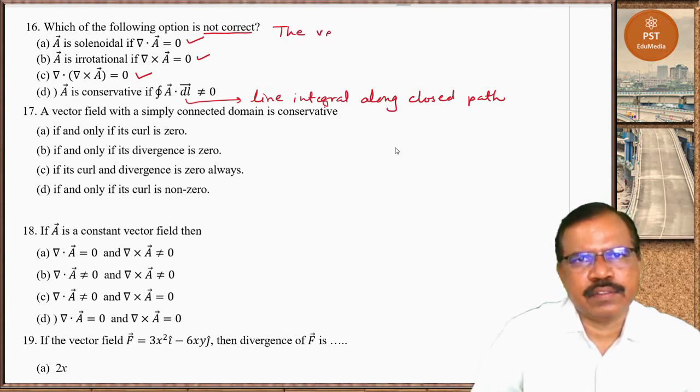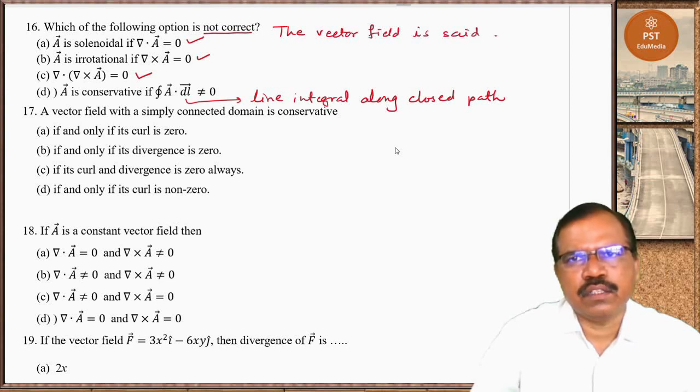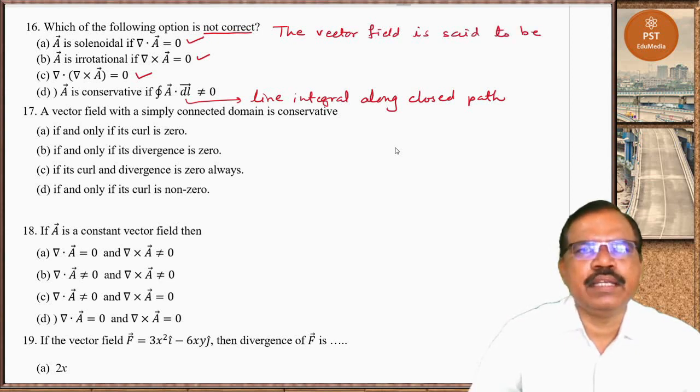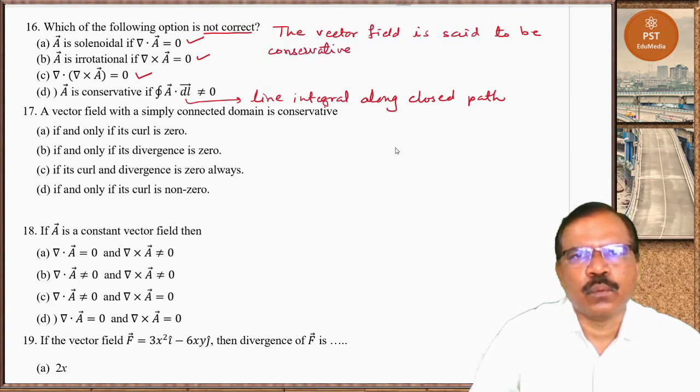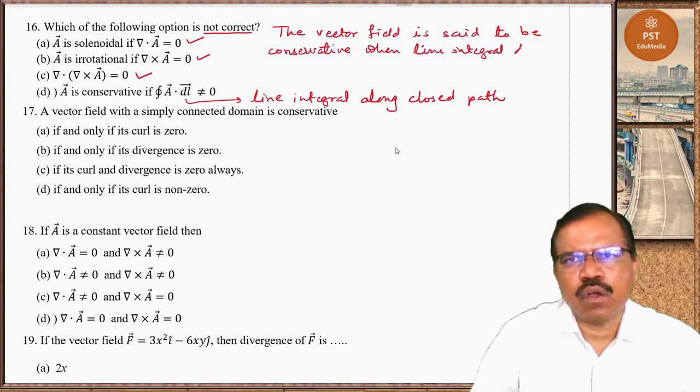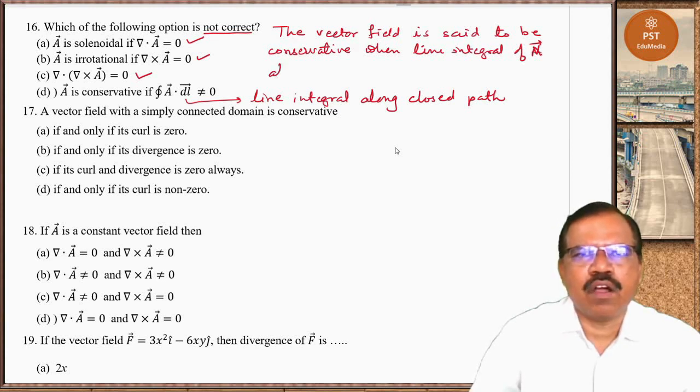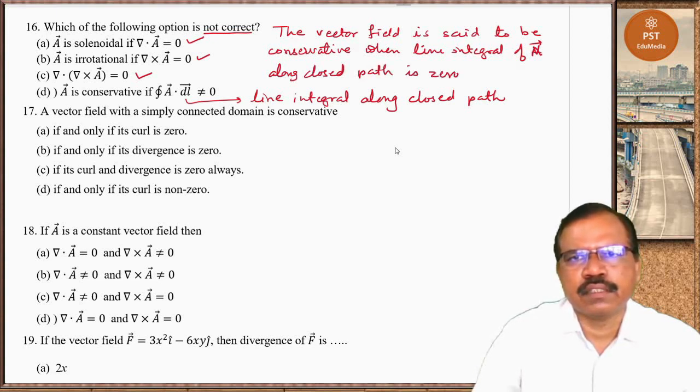The vector field is said to be conservative where the line integral of the vector field, suppose V or suppose A, along a closed path is 0.